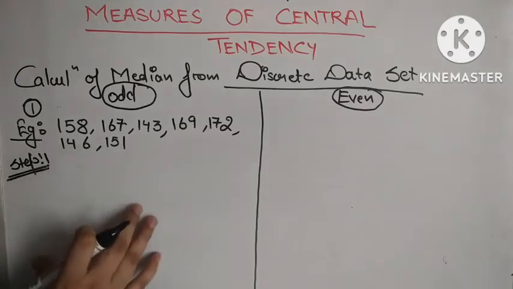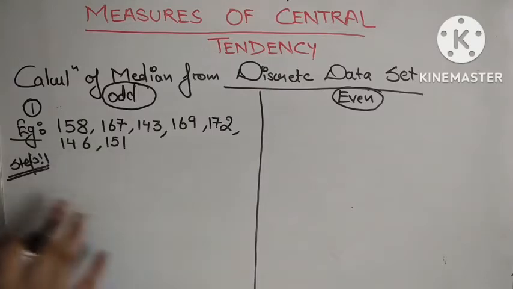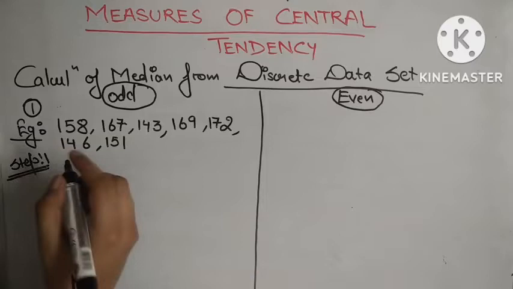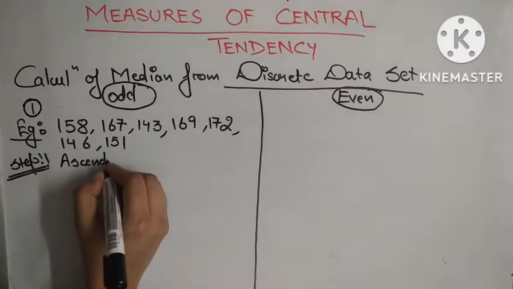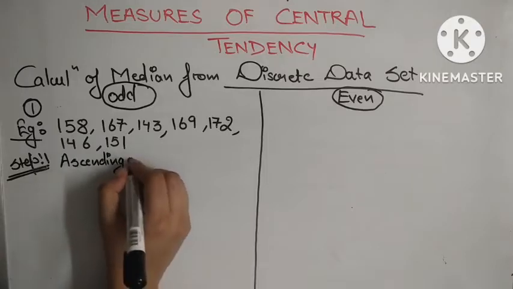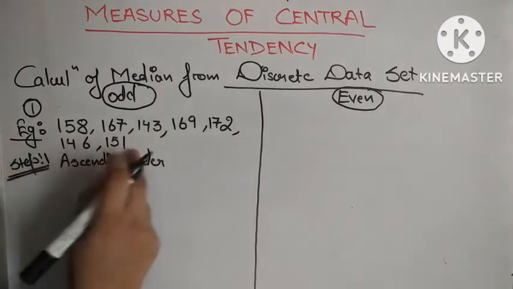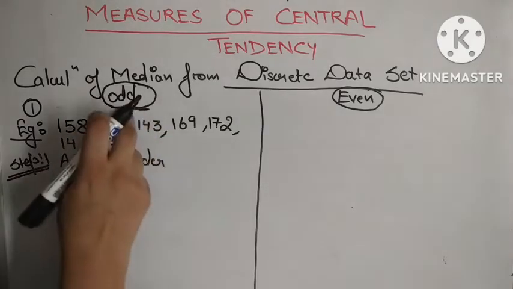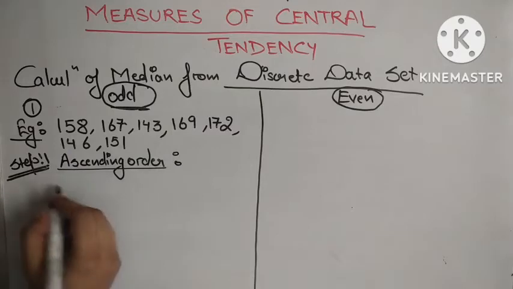So please go step by step in order to have a correct answer. So the first step says that first arrange in an ascending order. You can see there are 7 numbers, so that is why we have taken it as odd.